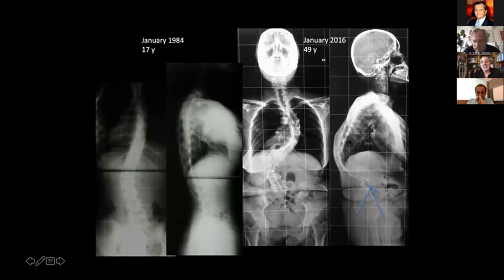But what is different? The difference is that in idiopathic deformity in adults, we see very often a kyphosis in the thoracolumbar area. This is because the apical rotation of the main curve is relevant not only in the coronal plane, but also in the sagittal plane.